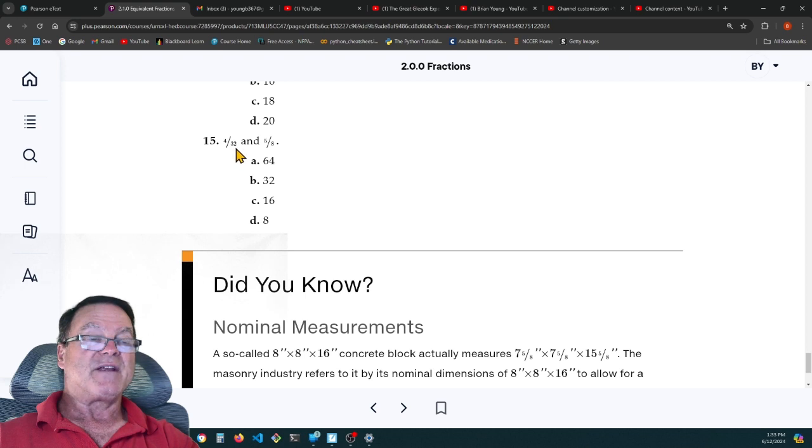We have 4/32, and we could divide that by 2 and have 2/16. And here's 5/8. Well, we could multiply that by 2 and get 10/16. But you know what? Now that I see that we have 10/16 and 2/16, we could divide both by 2 and get 1/8 and 5/8. So I'm going to say 8 is our lowest common denominator, D.